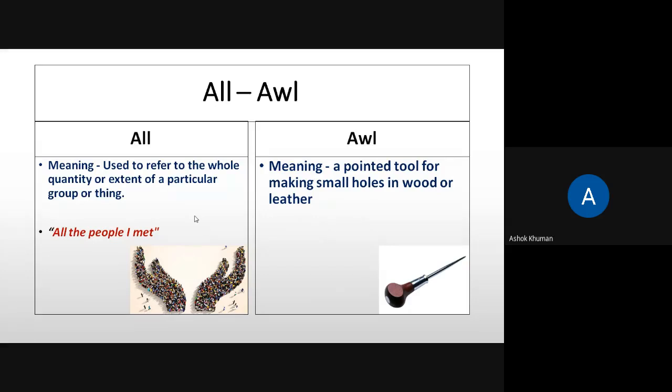Okay, so you can see this, for shoes or for that leather purpose, this is used by the cobbler or carpenter, because it is used for wood or leather. So that is a pointed instrument you can see in the picture. So take a screenshot of this also and understand it well.